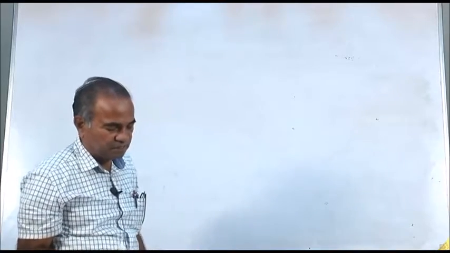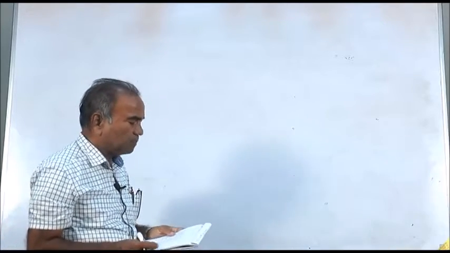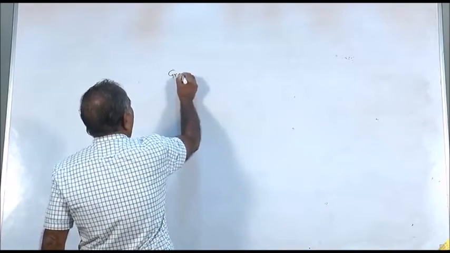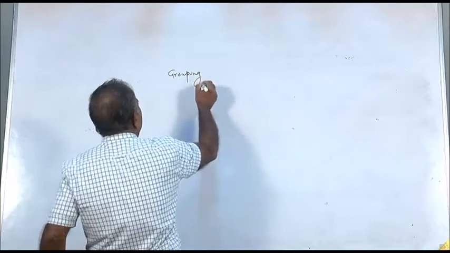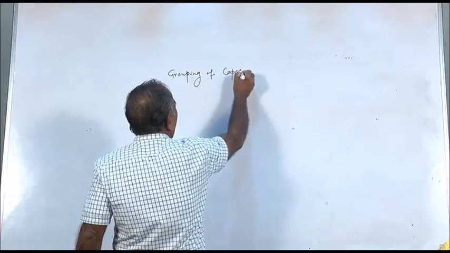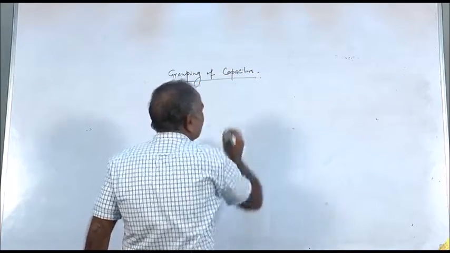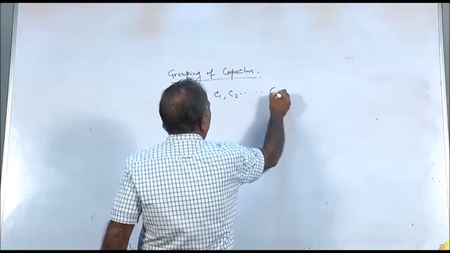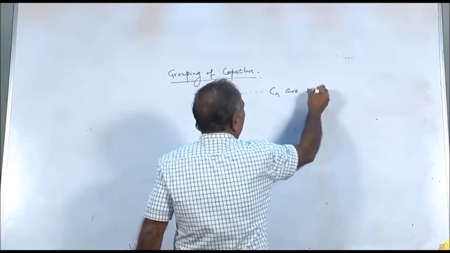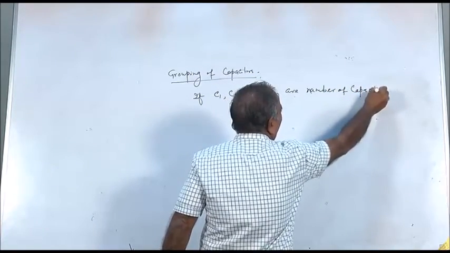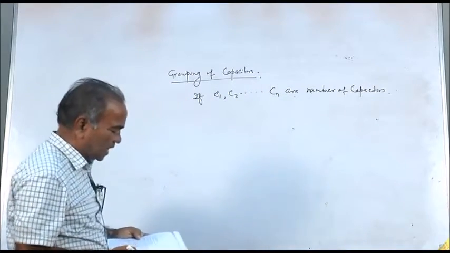Then grouping of capacitors. Capacitors are grouped in two ways: capacitors in parallel and capacitors in series. If C1, C2, C3, Cn are number of capacitors, they can be grouped in two ways.